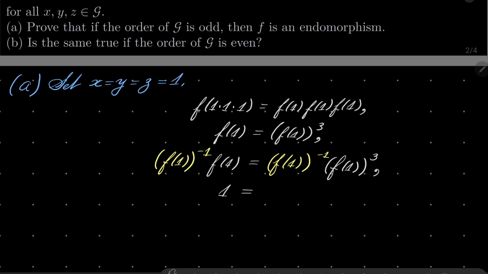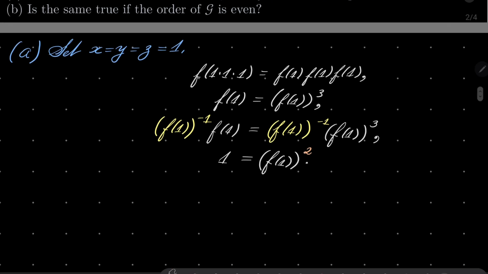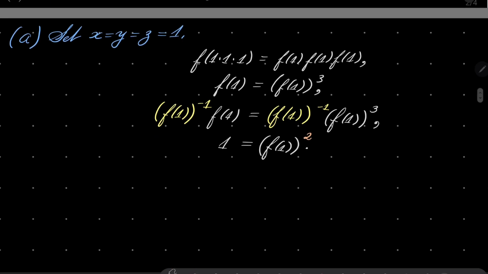On the right hand side we have f(1) squared. Perfect. Which means that the order of f(1) is either 1 or 2.